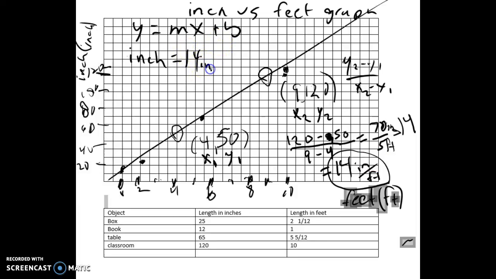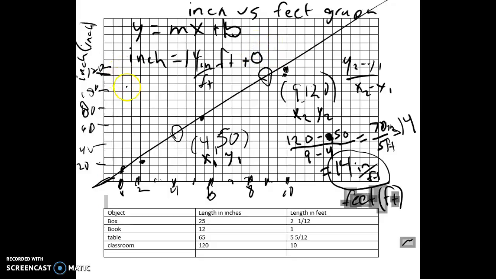Again, not very accurate, but close. The x represents this x-axis, and we were using feet for that. So we'll say times feet, and then the plus b right here, that's the y-intercept. And it pretty much crosses at the 0 on the y-axis, so that would be plus 0.